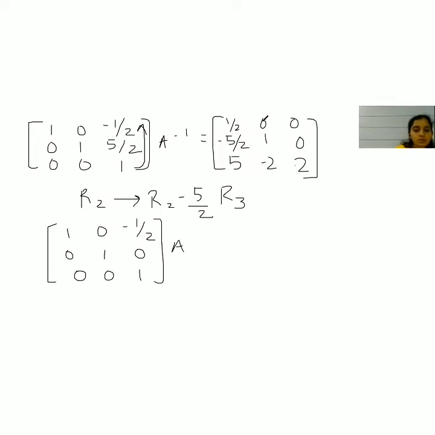A inverse is equal to... Now R2 is changing. So the first row we'll write as it is. Minus 5 by 2 into R3, so that will become 25 by 2, minus 15.